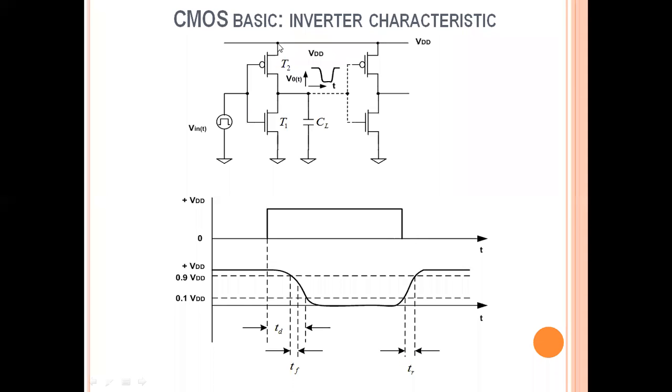So when VDD to VSS it charges and VSS to VDD it discharges toward VSS, this is the operation, and that's why we get the different times on the output signal, that is the rise time, fall time, and delay time.